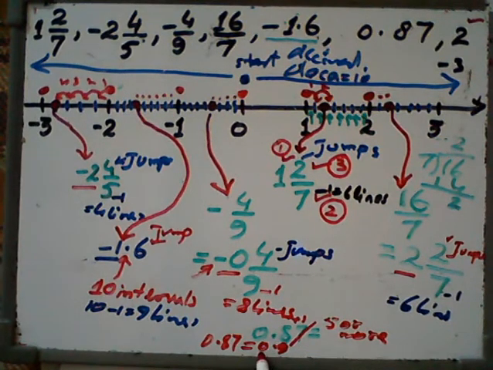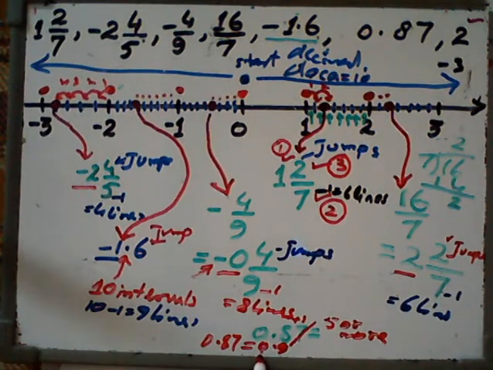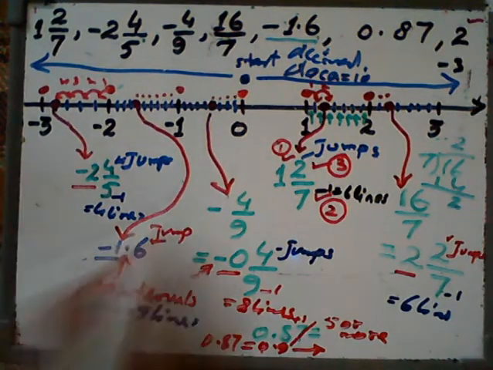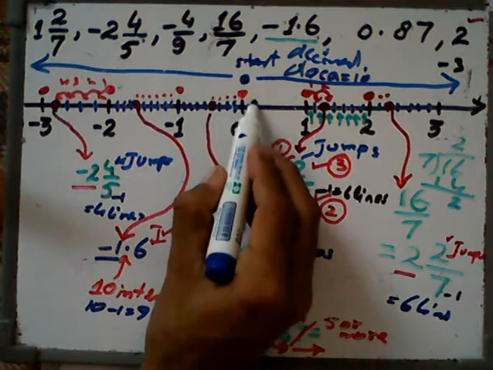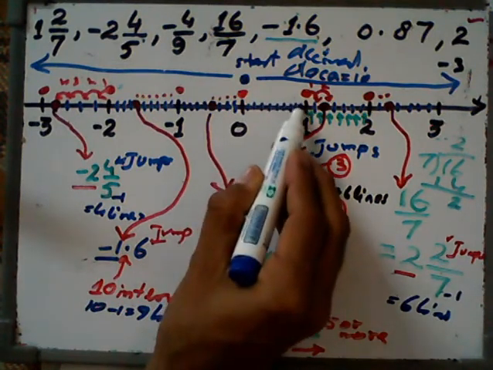So the starting point is 0, and we will be drawing the intervals towards the right side. Decimal means 10 intervals, and 10 intervals means 9 lines. So we'll be drawing 9 lines here: 1, 2, 3, 4, 5, 6, 7, 8 and 9.